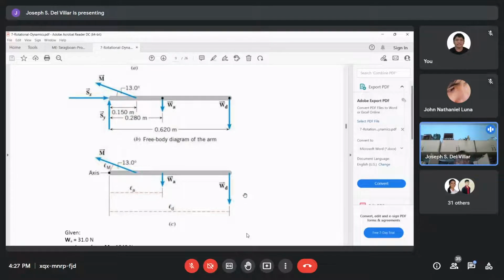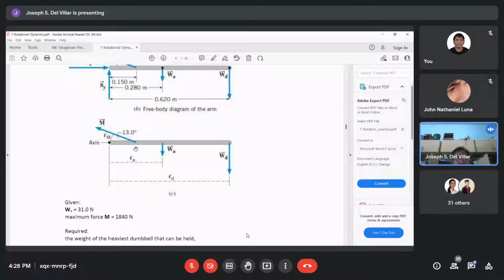Okay? So, we can start with, as I said, resolve M into components. Only its vertical component has torque, and its lever arm is 0.15. The x component of M passes through the axis, so it has no torque either. Okay? So, only three have torque: the vertical component of M, WA and WD.